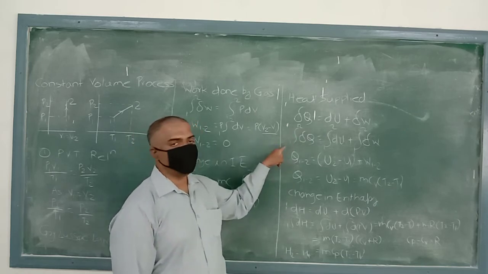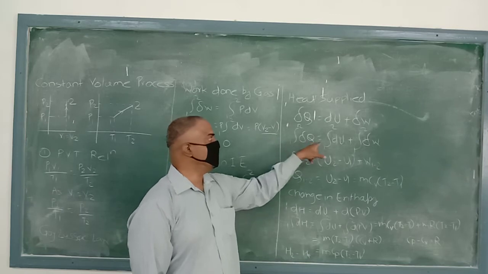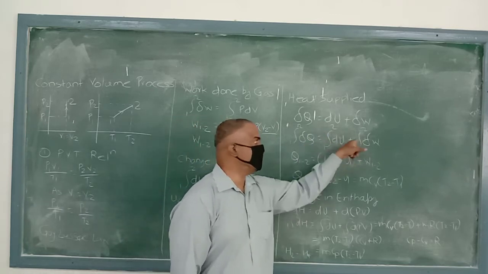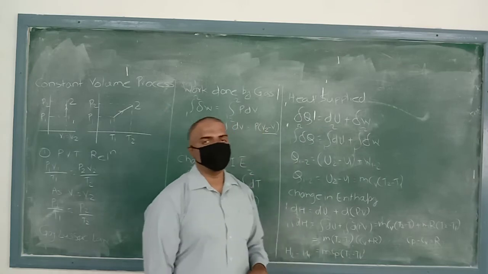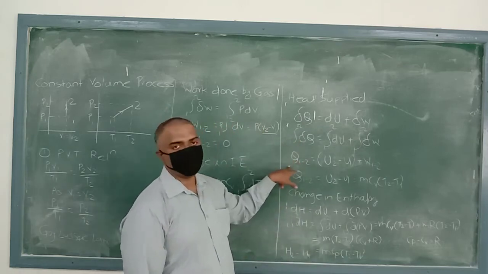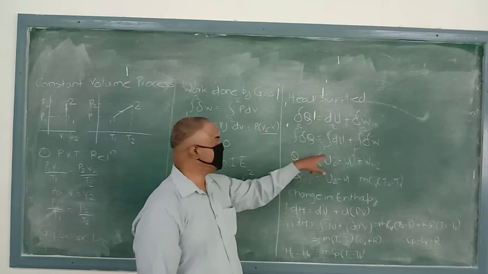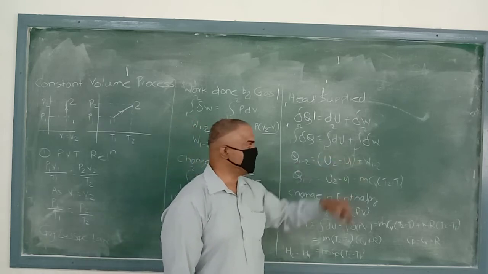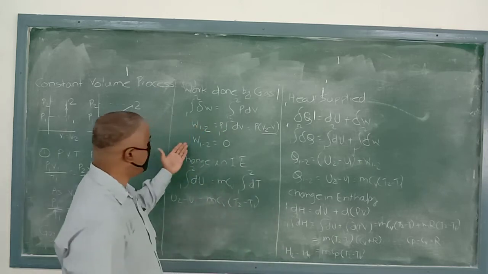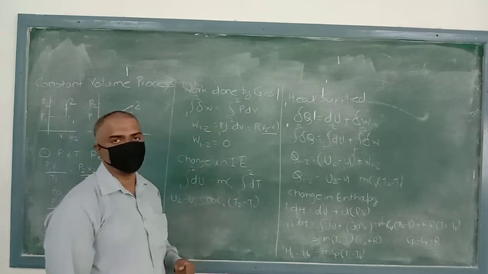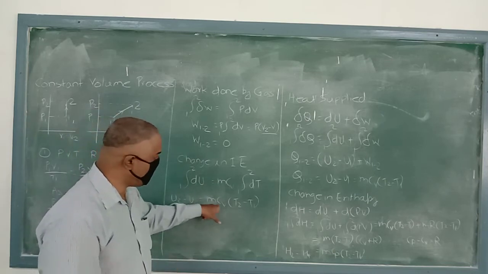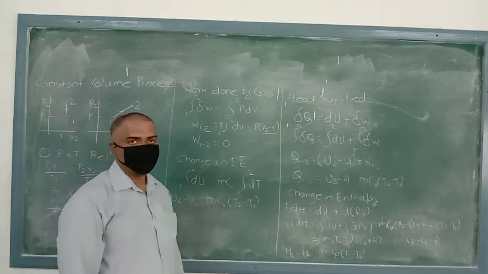So we are taking integration 1 to 2 delta Q is equal to integration 1 to 2 dU plus integration 1 to 2 delta W. So after taking the integration, here we find Q1-2 is equal to U2 minus U1 plus W1-2. But we have derived W1-2 is equal to 0, and U2 minus U1 is equal to mCv (T2 minus T1).